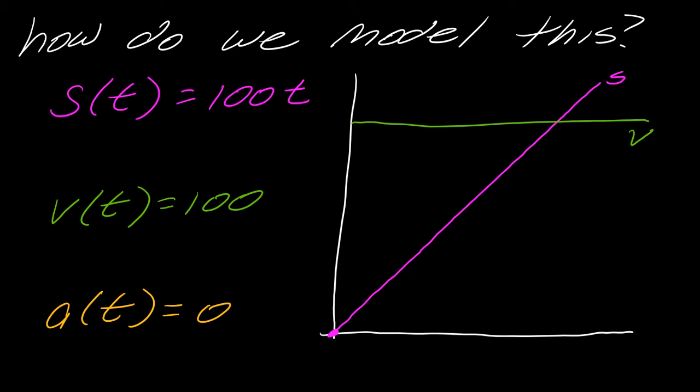That makes total sense because we just said we're not accelerating. So it's not that the acceleration does not exist. The acceleration just happens to equal 0. And we can actually model out 0, right? So here it is down here, and here's my acceleration. So taking what we know intuitively about moving at a constant speed, the calculus actually matches that particular situation.